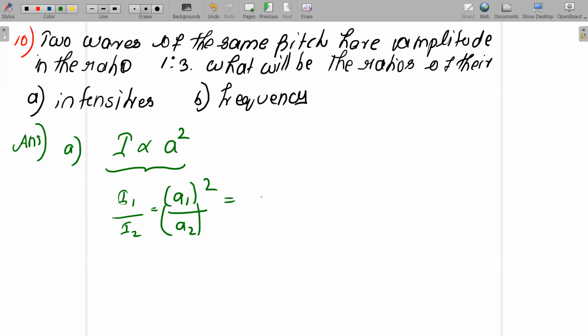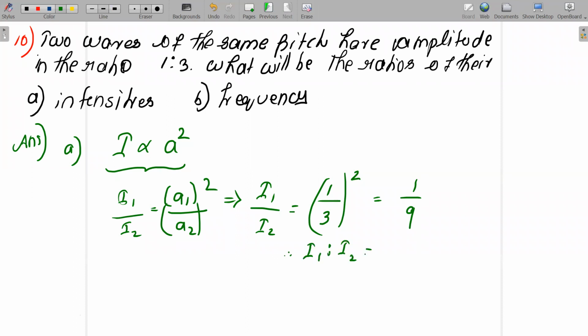What is the amplitude they have given? I1 by I2 is equal to 1 divided by 3 whole square, that is 1 by 9. Therefore I1 is to I2 is 1:9.